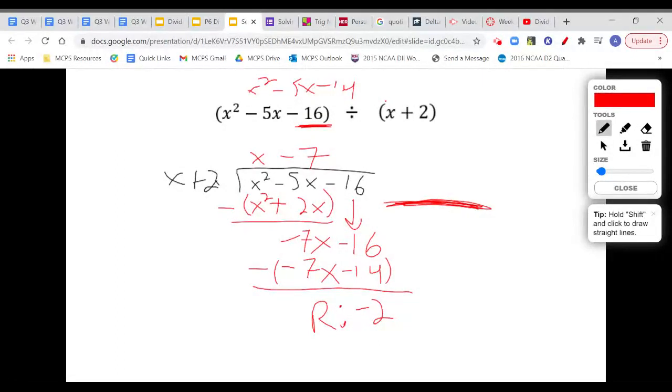So that's how much remainder I have. And so if I still had that -2 left in the numerator, I represent that here over the original divisor of x plus 2. And again, just like in the last problem, my answer turns to x minus 7 plus -2 over x plus 2.